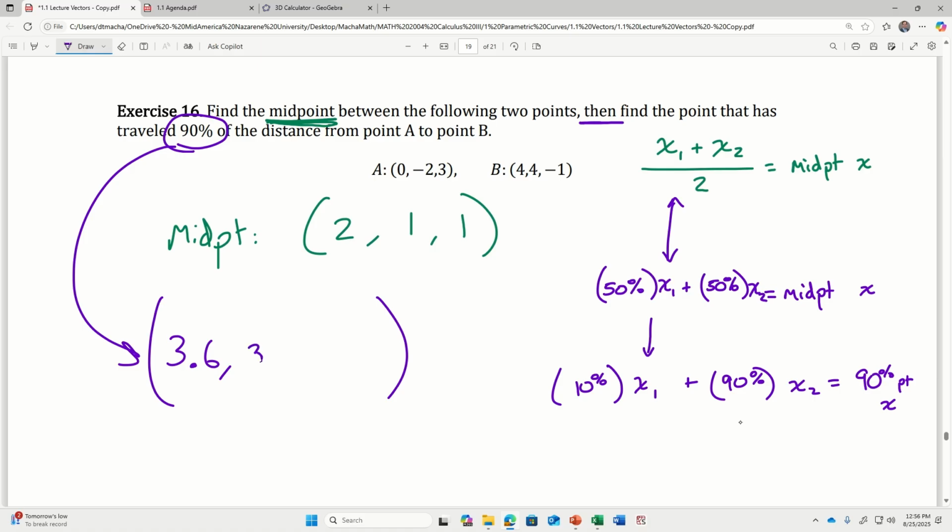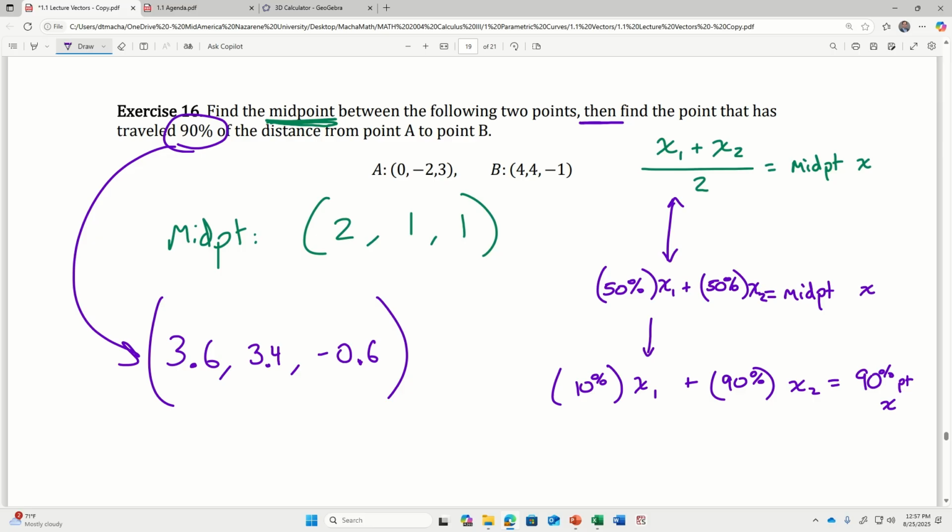So altogether 3.4, I think. And then the last one is negative 0.6. Okay. But that's how you do it.